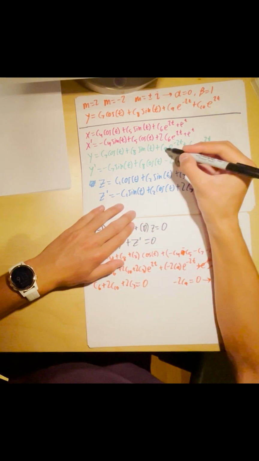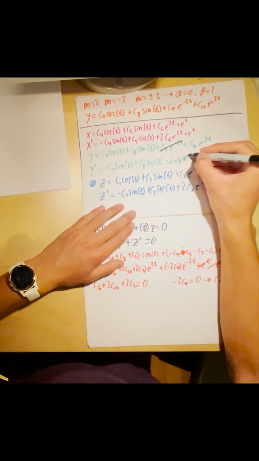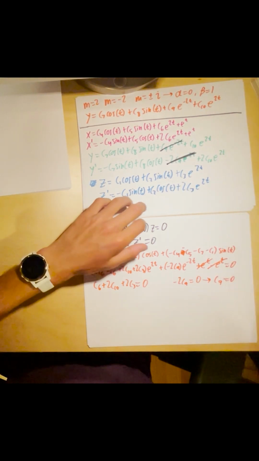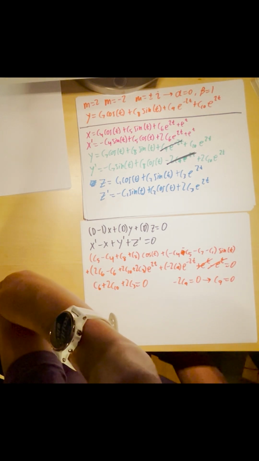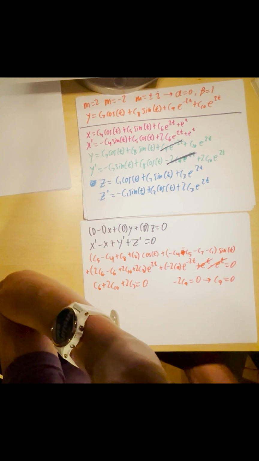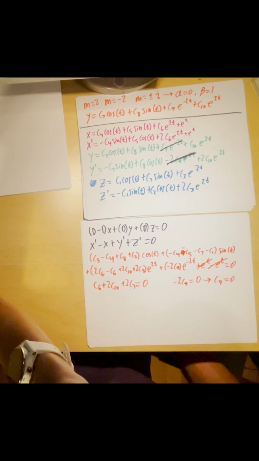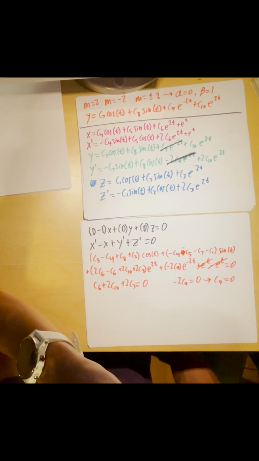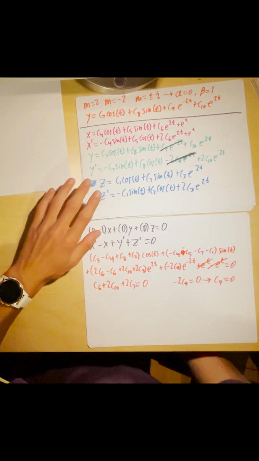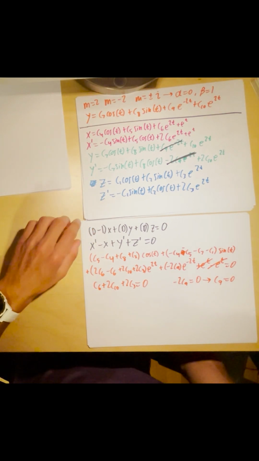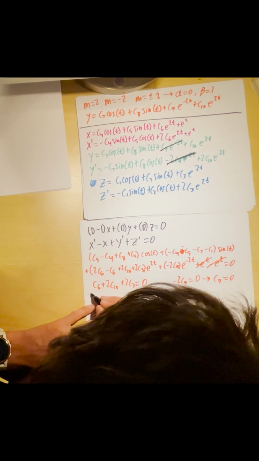And I will strike these through for us so we don't worry about them anymore. The next equation that I'm going to plug into is the x. I'll just write it out.